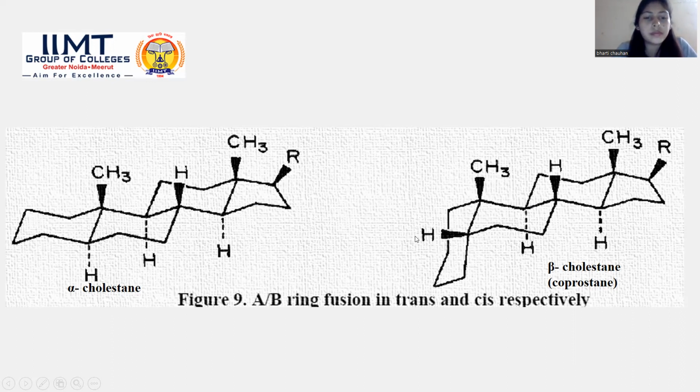Ring B and C fusion is trans in both conformations but is only seen in natural steroids. This is a point to be noted. Ring C and D fusion is trans and is present in steroids, bile acids and all related steroids. So if the A and B ring groups are above the plane, it is cis configuration.